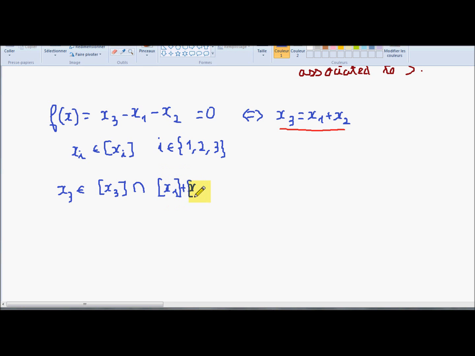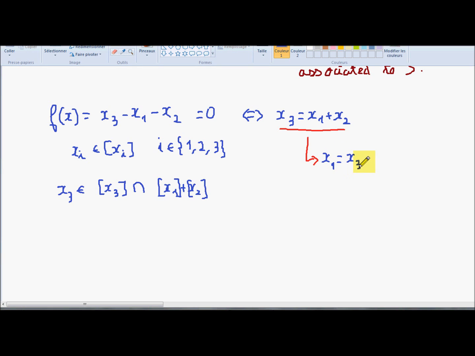Now, because of this equation, I can also rewrite it as follows: x1 is equal to x3 minus x2.